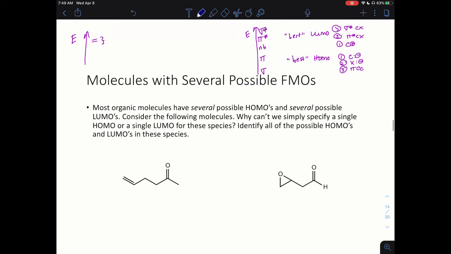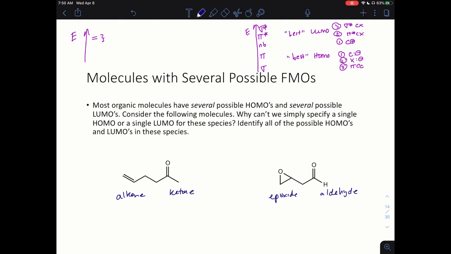All right, so let's look at these two molecules. We have an alkene and a ketone, and we have an epoxide and an aldehyde. Let's do highest energy filled orbitals first. So we'll do HOMOs first, potential donors. For the molecule on the left, there are the lone pairs on oxygen.